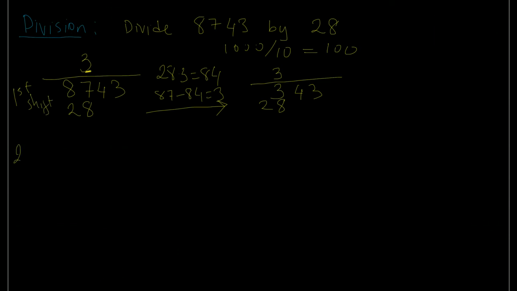So we do a second shift where we shift the divisor to the right like this, and 3 is the first digit of the answer. So now we ask how many times 28 goes into 34, and it is obviously just once, right? So that means that the next digit of the answer is 1.